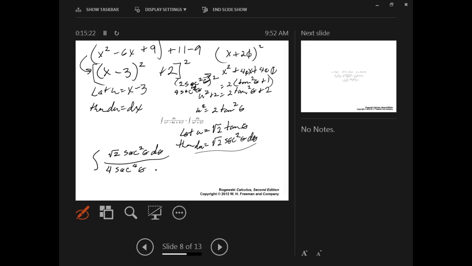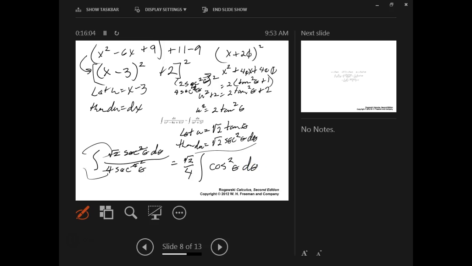What I'm going to do is take out the square root of 2 over 4 on the outside. The secant squared thetas cancel out 2 of those, leaving 1 over secant squared. What's 1 over secant squared? Cosine squared. So we get cosine squared theta d theta.